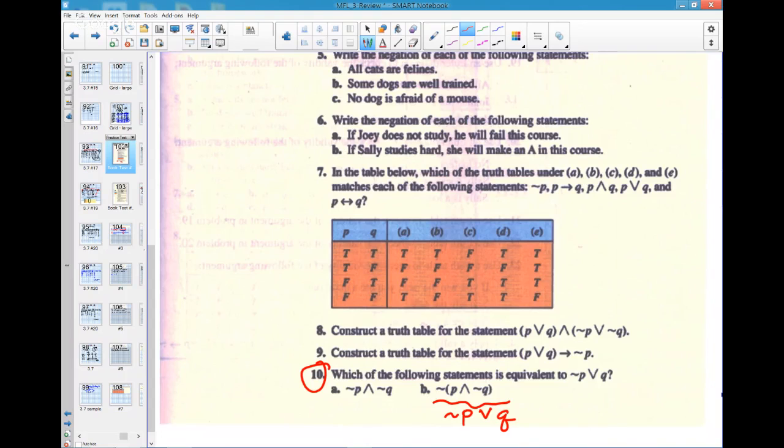Here's another one, Garrett, in answer to your excellent question. It doesn't exactly fit on this page, but I've got some space here, so I'm going to write it. What's the negation of if P then Q? We haven't really talked about that directly. When is the only time an if-then is false? When the first part is true and the second part is false.